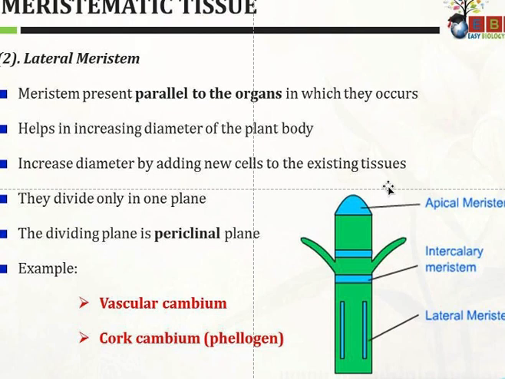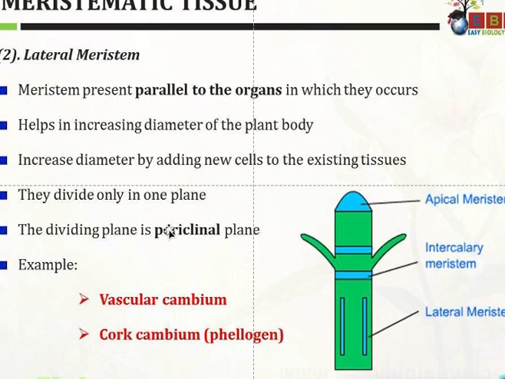And how do they divide? They divide only in one plane. You have two different lateral meristems, the vascular cambium and the cork cambium. These you are going to study in another chapter in detail, but keep in mind that these are two different lateral meristematic tissues.